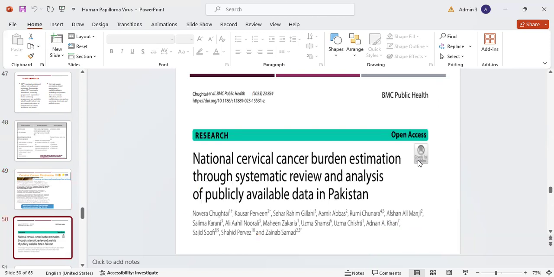There is an article, National Cervical Cancer Burden Estimation through Systematic Review and Analysis of publicly available data in Pakistan.